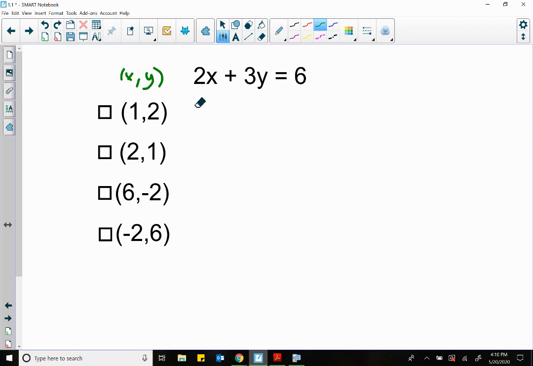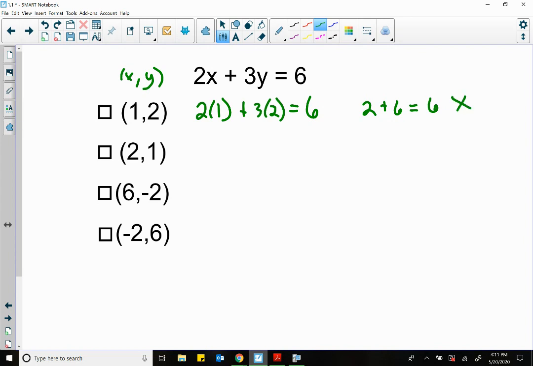So let's plug in. 2 times 1 plus 3 times 2. We want to know, is that 6? Well, 2 times 1 is 2. 3 times 2 is 6. Is 2 plus 6 6? Nope. So we're not going to select that answer.